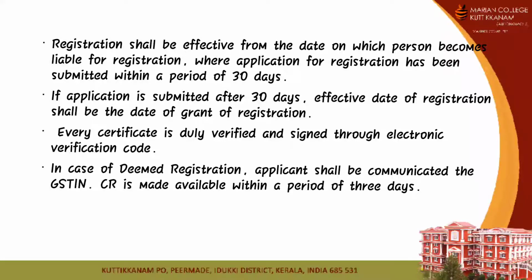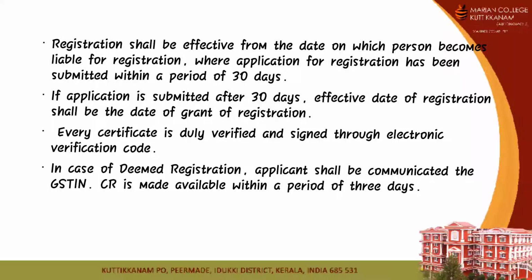If the application is submitted after 30 days, then the effective date of registration shall be the date of grant of registration, that is, the date on which the registration is granted to that person.